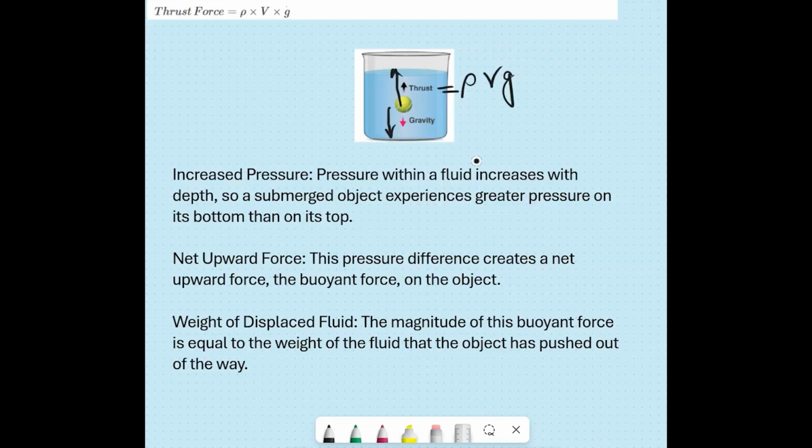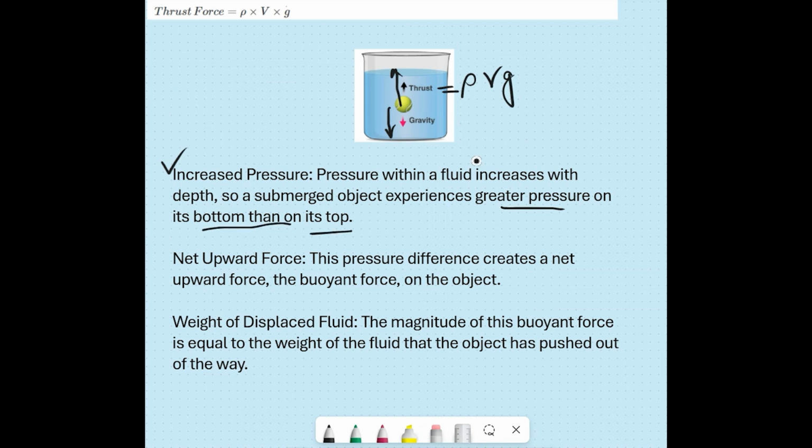Here are three important things we can conclude about how this Archimedes principle actually works. First of all, the pressure within a fluid increases with depth, so a submerged object experiences greater pressure on the bottom than the top.